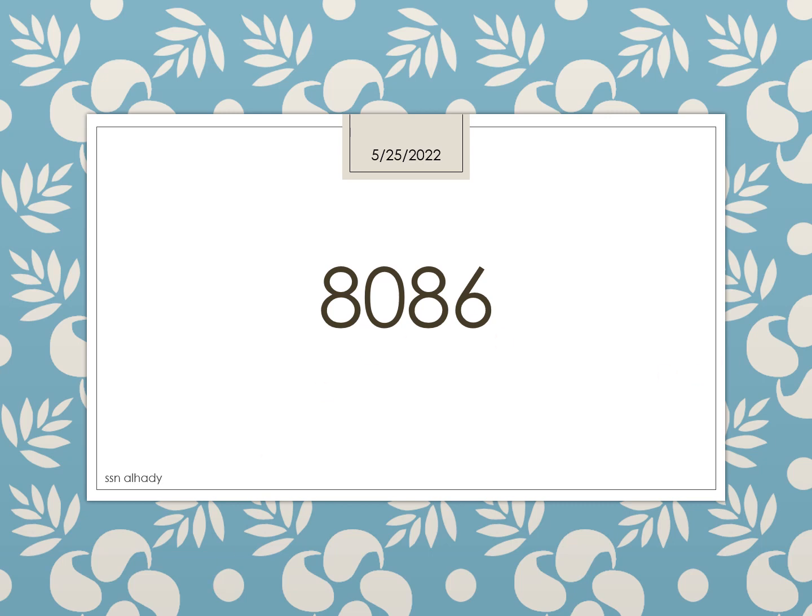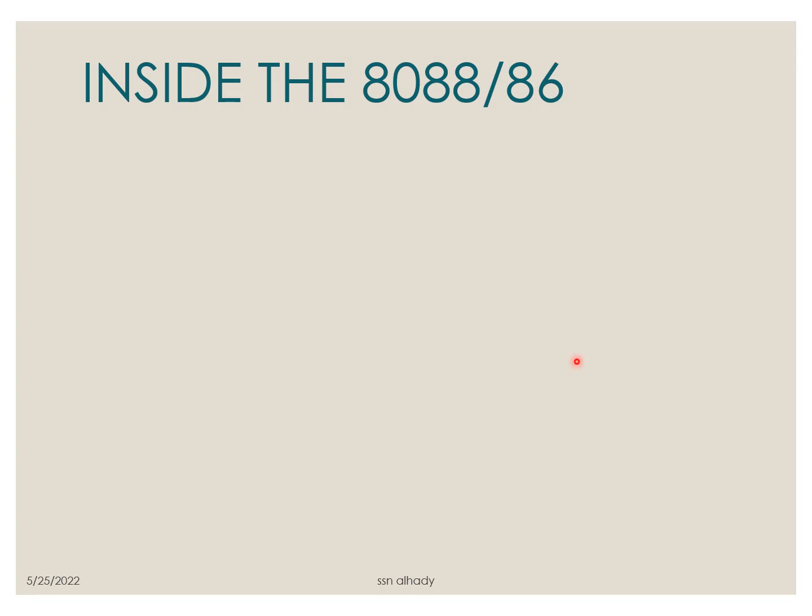Okay, so in 8086, or we can call it 8088, it is also the same architecture, only some features are different.